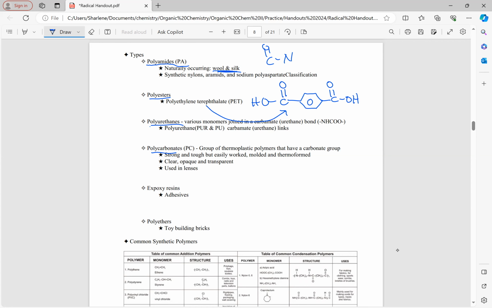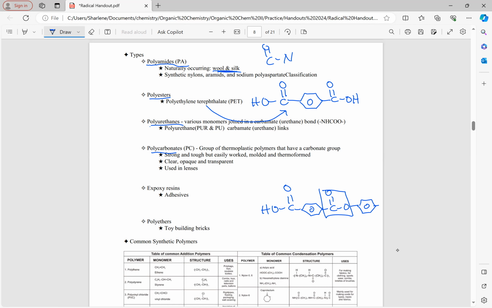So if you were going to make its polymer, and then you would go on, you would form an ester bond.